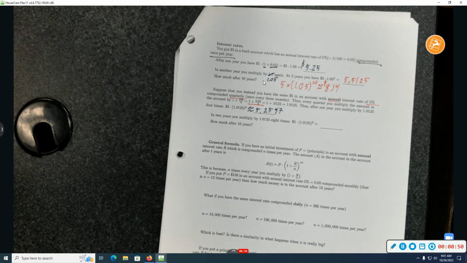Compounded annually, then what do you wind up with?